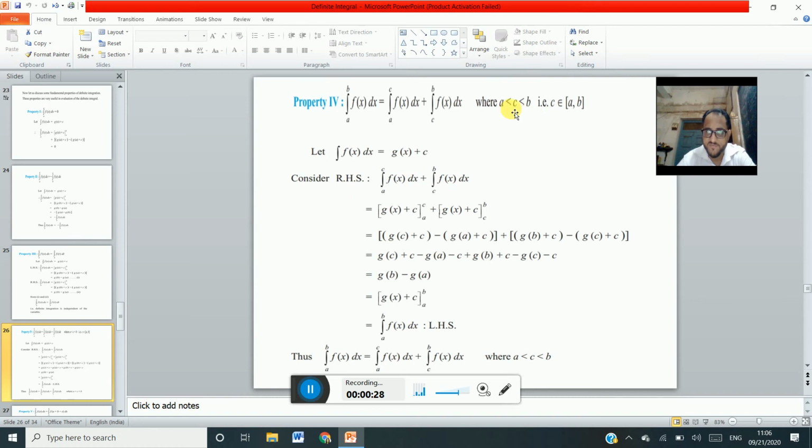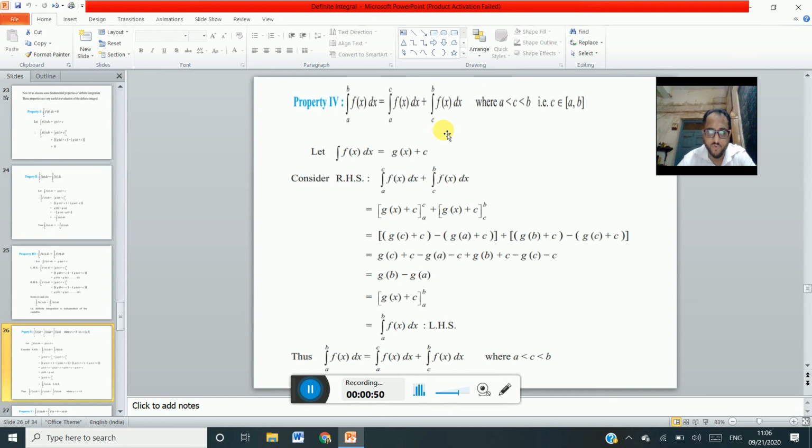It means if the value of c is greater than a and less than b, then the integral from a to b is nothing but the integral from a to c plus the integral from c to b, right? Understand? So this should be the property.